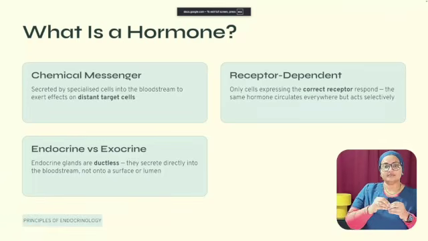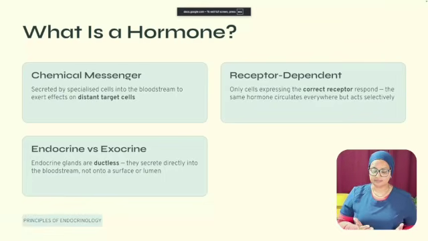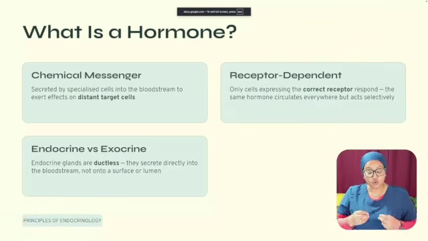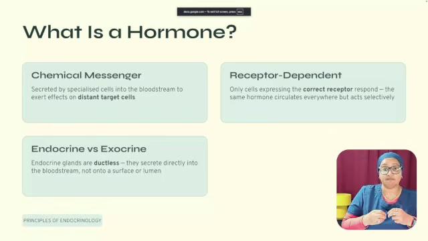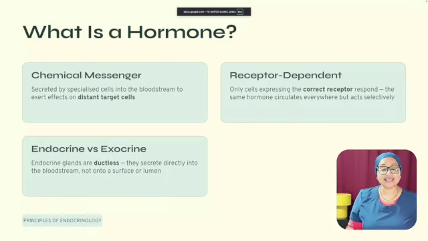This secretion can go directly into the bloodstream, and in this case, we call it endocrine, or it can use a duct or a network of tubes to collect the secretion and pour it somewhere on a surface or into a lumen. And in this case, we call it exocrine.